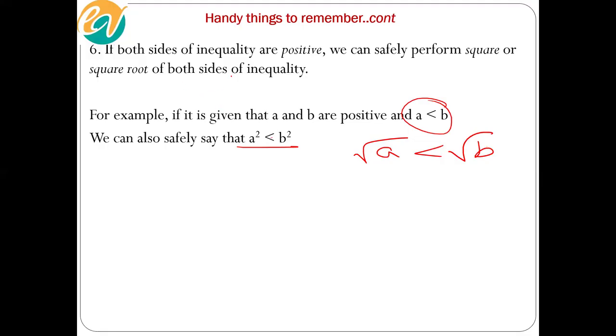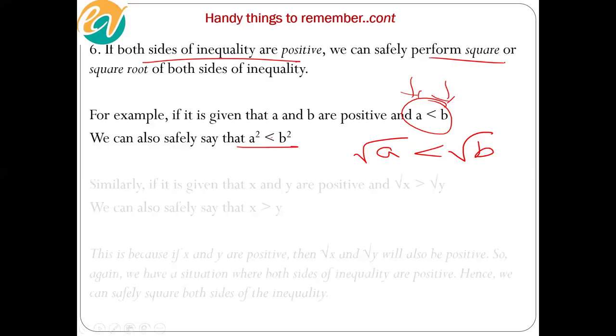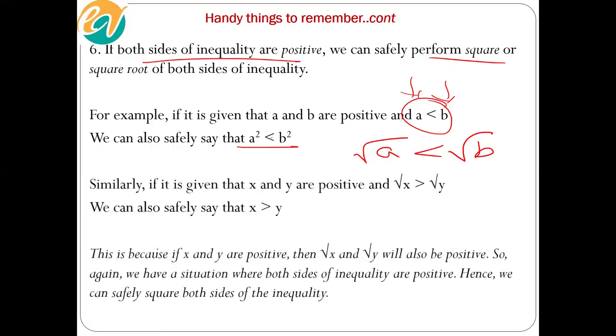Why are we able to say that? Because if both sides of inequality are positive, which is the case here, then we can safely perform square or square root of both sides of the inequality. Right? Similarly, if it is given that root x is greater than root y, since square root can never be negative, which means we know both sides are positive. Since both sides are positive, we can square both the sides and arrive at x is greater than y.